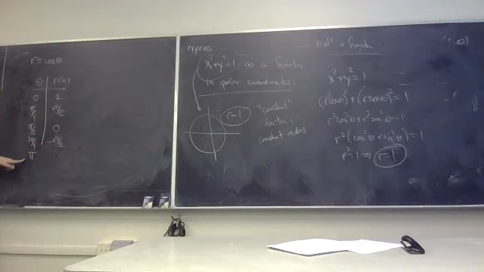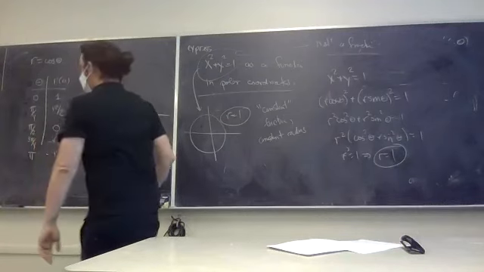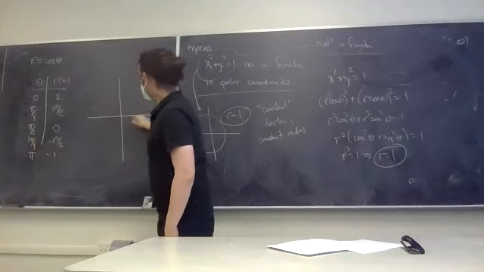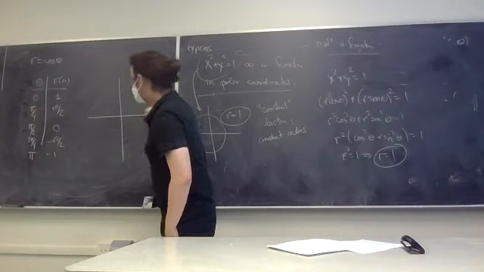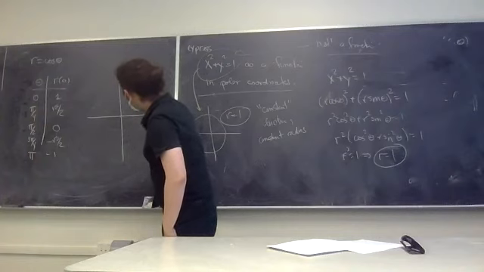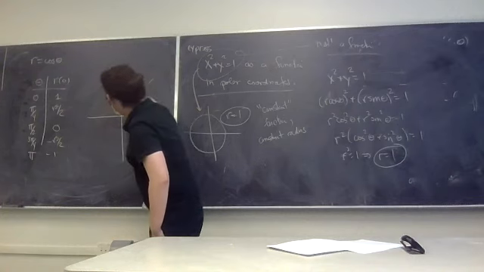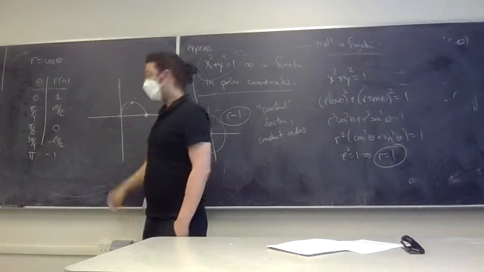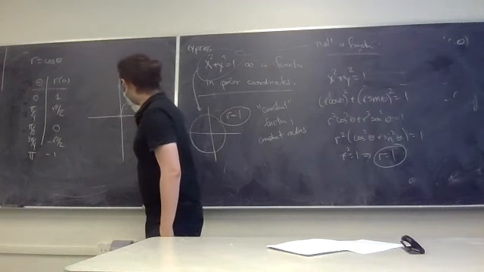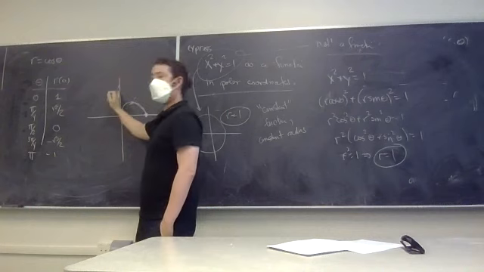Pi? At angle 0, we go out 1 unit. At angle pi over 4, we come in to root 2 over 2. At pi over 2, now we're at 0. We started at 1, and our radius is decreasing to 0 as we get to this direction.